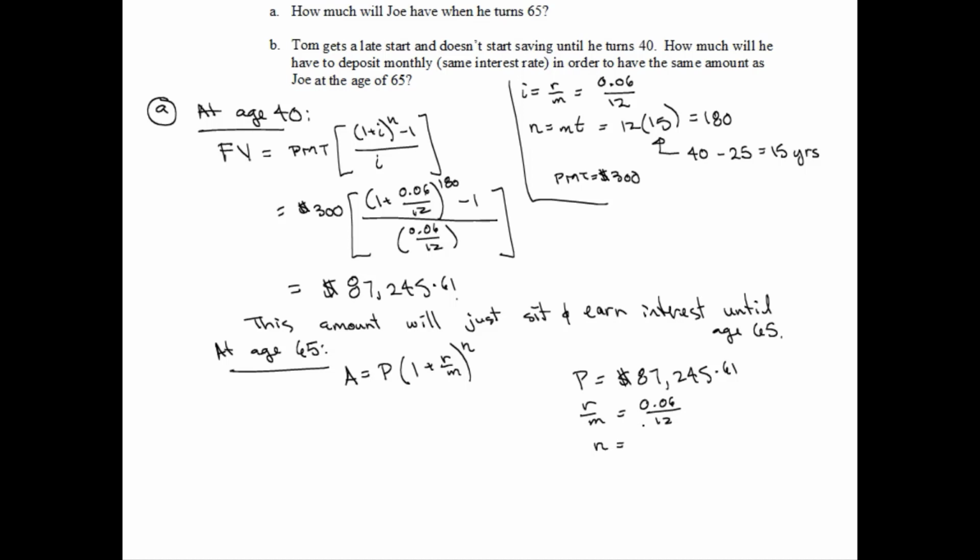This time my N is equal to the number of compounding periods per year times the number of years, so that will be 12 times how many years? Sorry, it should be 25, my mistake.